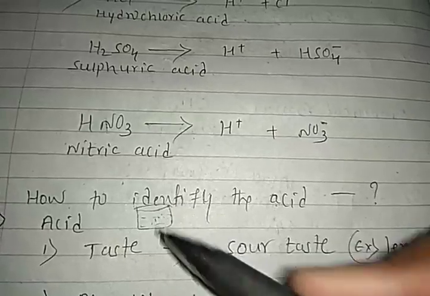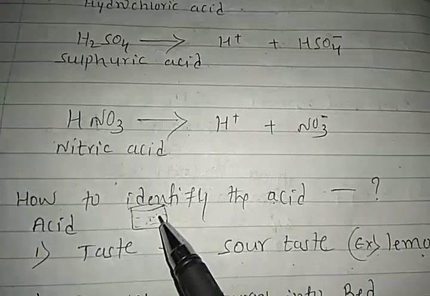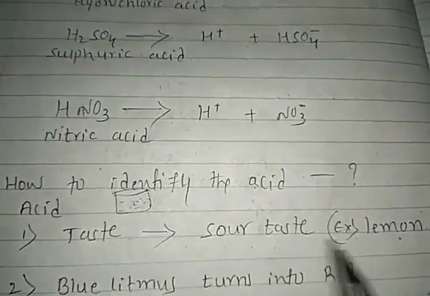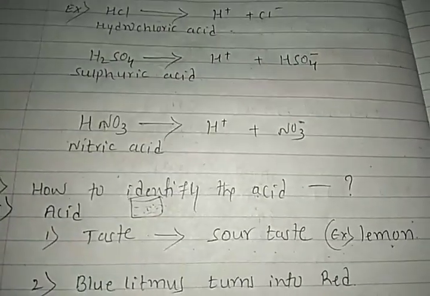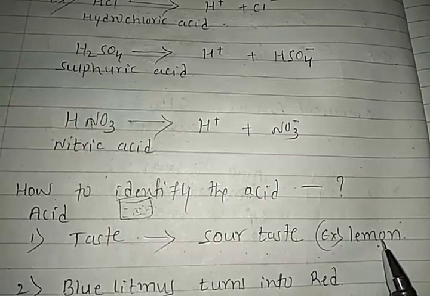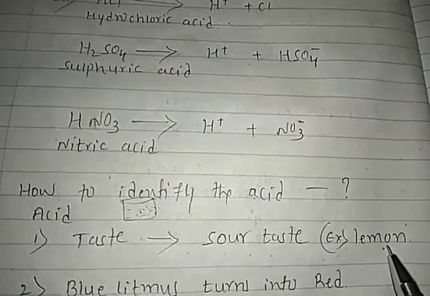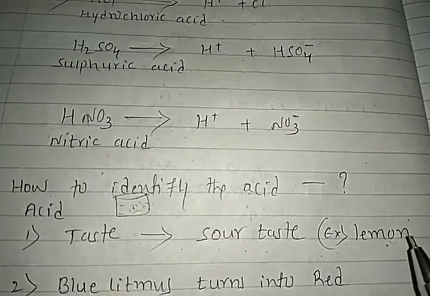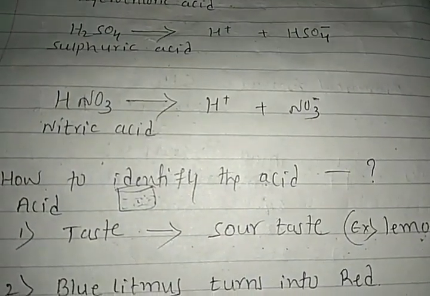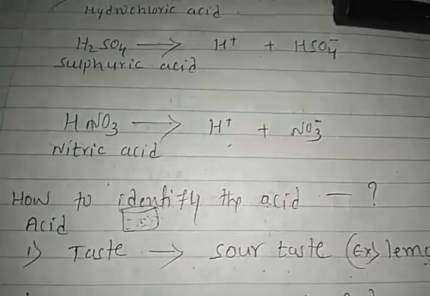If you lick it and it tastes sour, it means definitely it is an acid. Around us, lemon, orange, unripe mangoes are all sour because these are all acids. Understood, students?